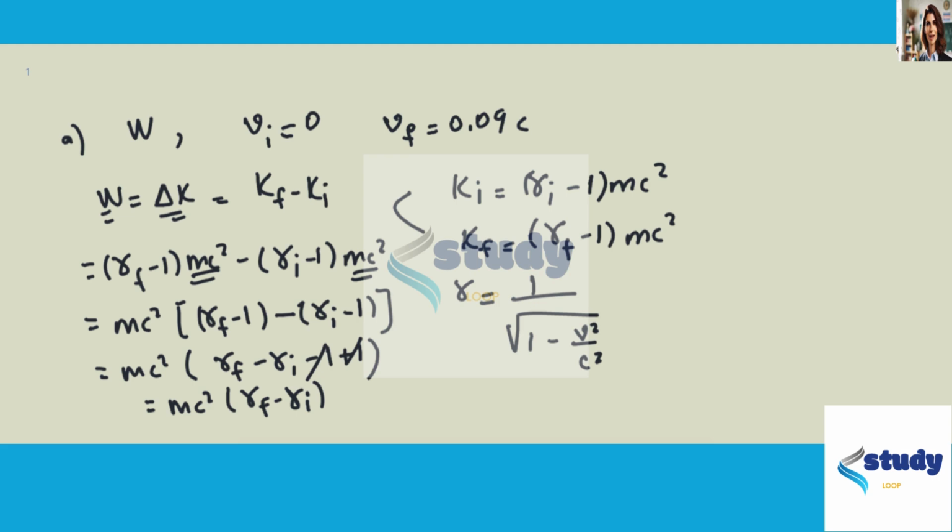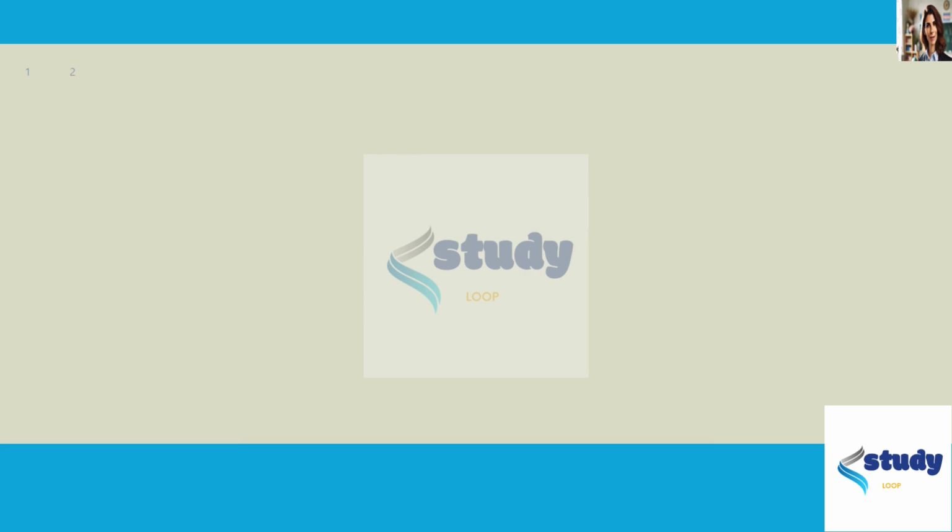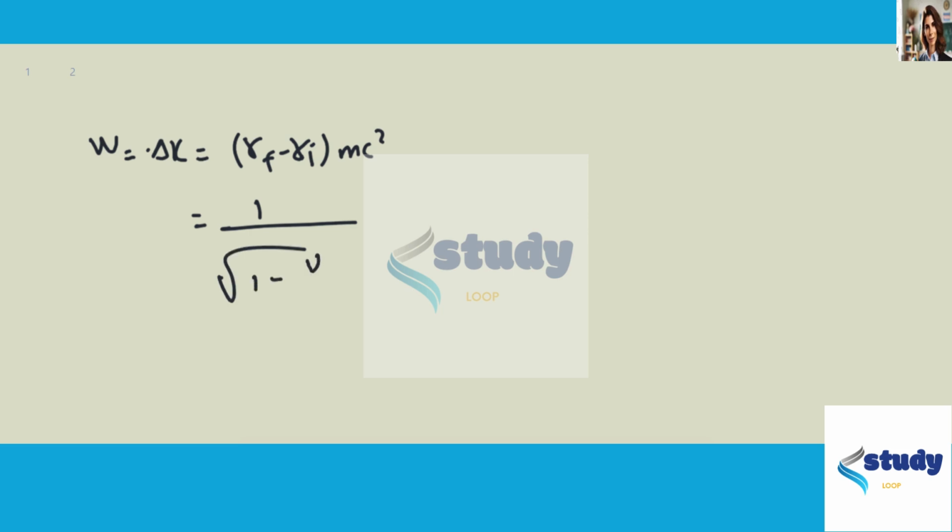So we're going to write this for the final gamma factor, and we're going to write it for the initial gamma factor that corresponds to these two velocities. Now, let's go on a new page. Then work done equals delta K. We said that equals final minus initial times mc squared. Final is going to be 1 over the square root of 1 minus v final squared over c squared, minus 1 over the square root of 1 minus v initial squared over c squared.